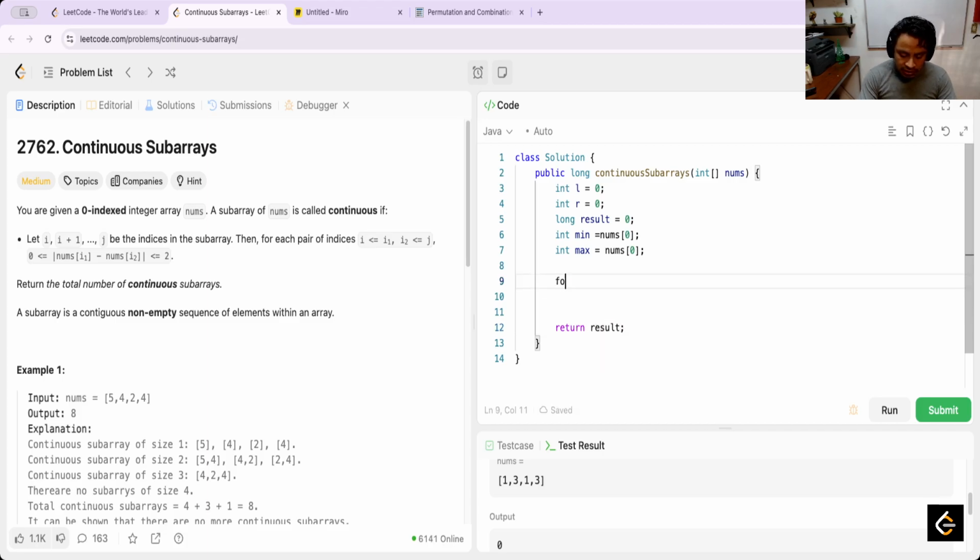Now here is a 4. No, it's a 4 because it's always moving to the right.